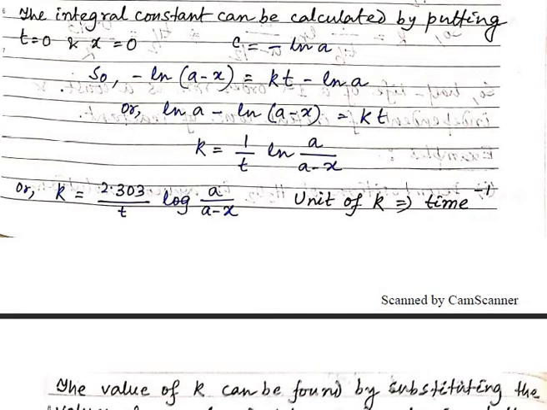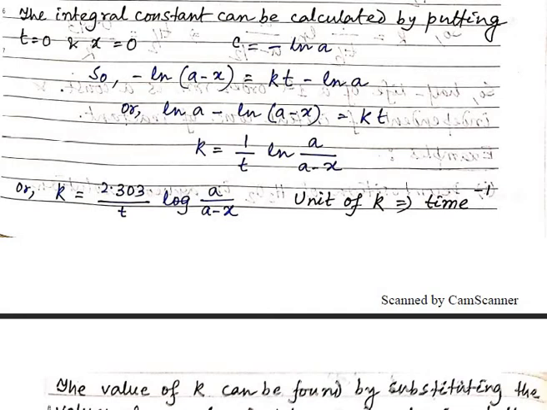You can see that many numerical problems come in the exam, where you have to calculate the rate constant for the first order reaction, or calculate the time taken for the completion of the reaction, say 80% or 90% completed. So many things will come in your exam. So k is equal to 2.303 by t log a by (a minus x).